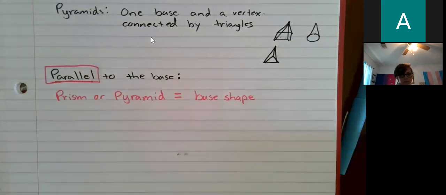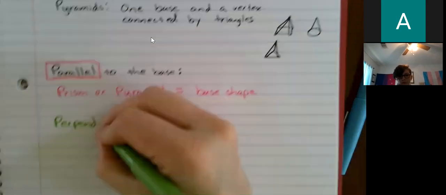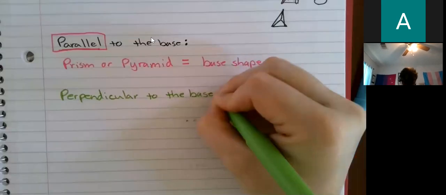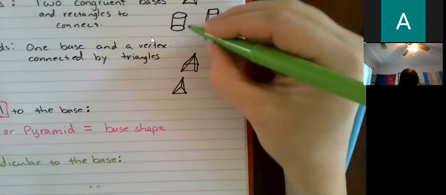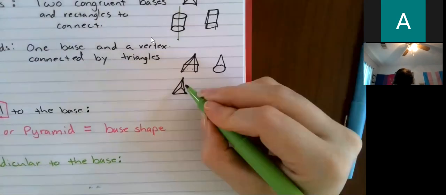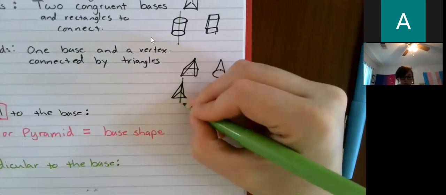If it is perpendicular to the base, it actually is going to slice right through the base shape. So here, perpendicular through this cylinder, it's going to cut right through the cylinder. Perpendicular to this triangular pyramid is going to slice right through that triangle's base. Okay, so it cuts right through it.